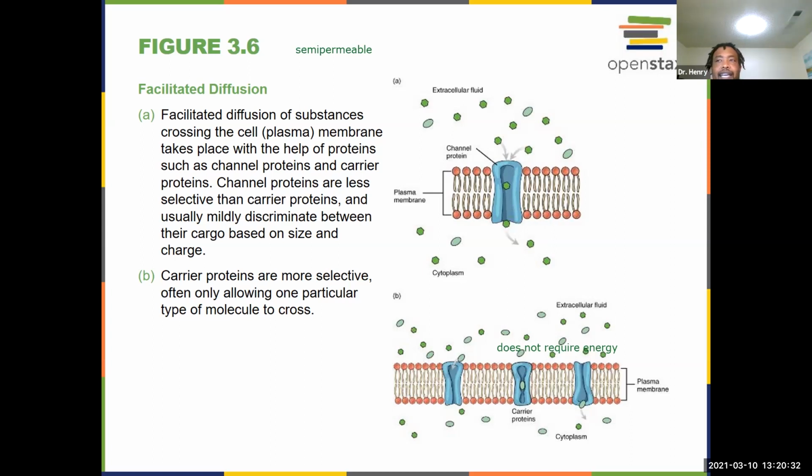Channel proteins are going to be less selective than, let's say, a carrier protein, because a carrier protein is going to allow certain specific molecules to cross that barrier, or they'll bind to something and cross over with something else. Okay?